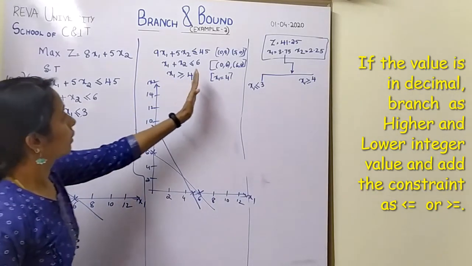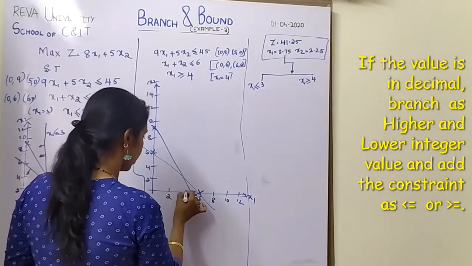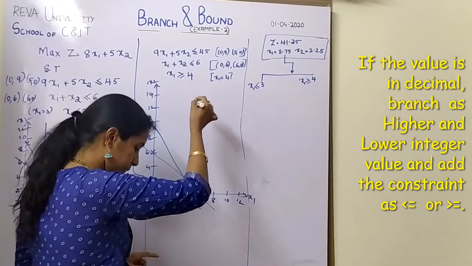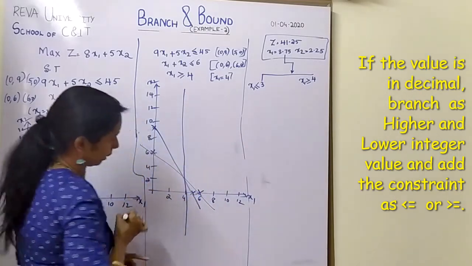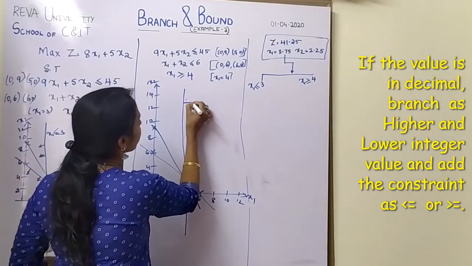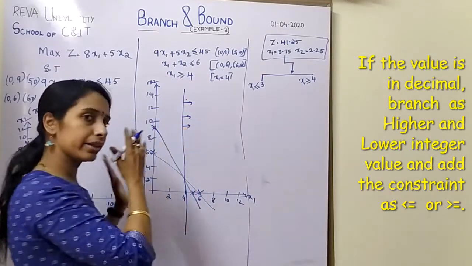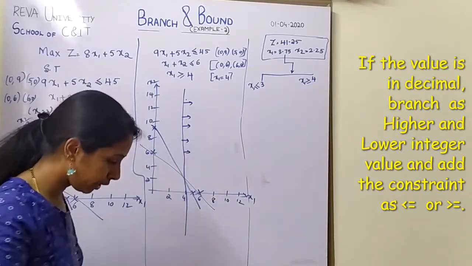And here x1 is equal to 4. So you will get a line like this. And what is the condition? It should be greater than. Greater than indicates away from the origin. So the value should be here.